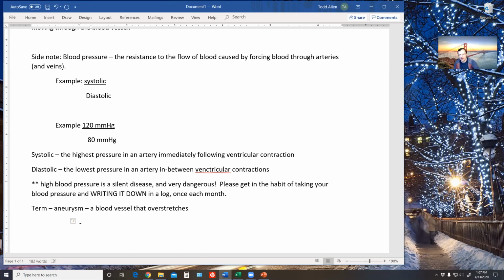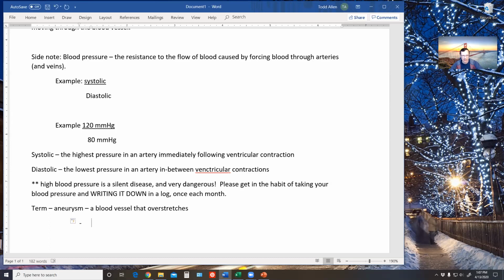Obviously, if the blood vessel overstretches, the likelihood that it is going to tear is increased dramatically. Everybody thinks an aneurysm is a torn or ruptured blood vessel. No, it is not.